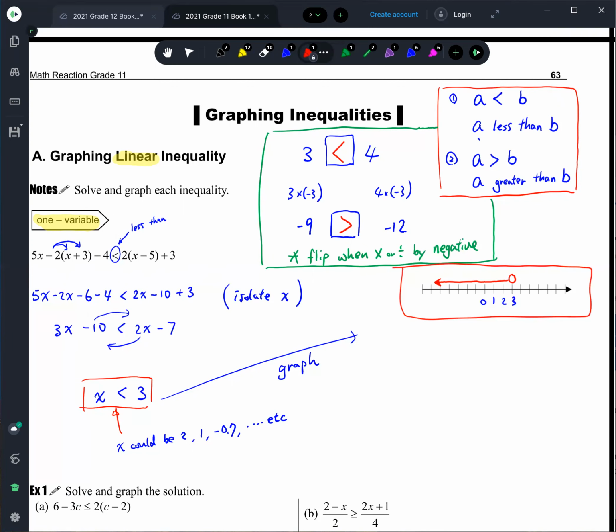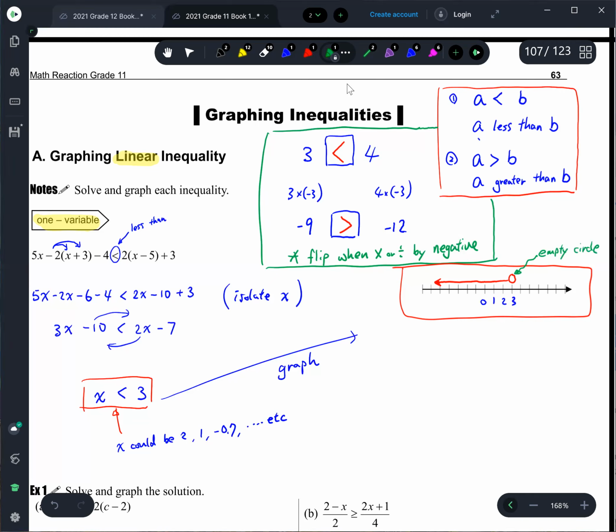So this means empty circle. If the question has an equal sign, then you need to fill in the circle.